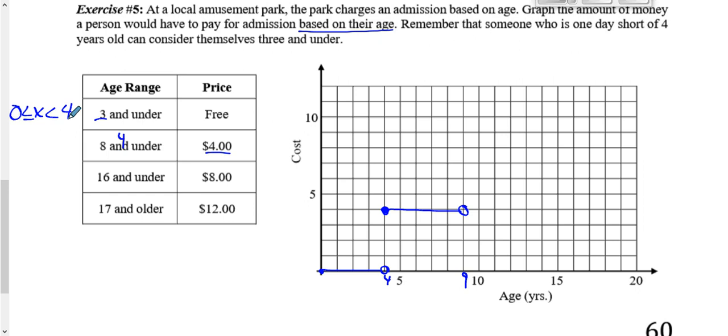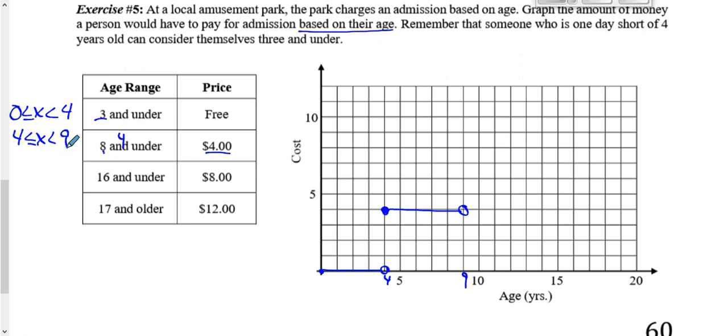And now down here, it would start at 4, including it, all the way up to what? Less than 9, like 8.9, because after your 8th birthday, you're still 8 until you turn 9. So we go to 9, but don't include the day of your 9th birthday.